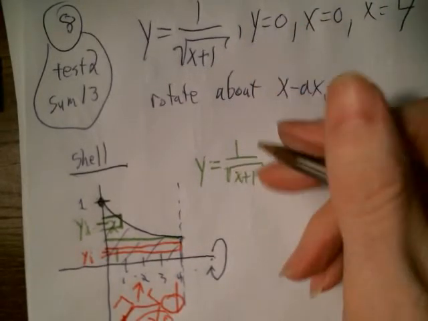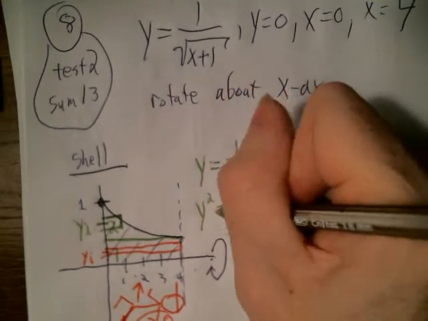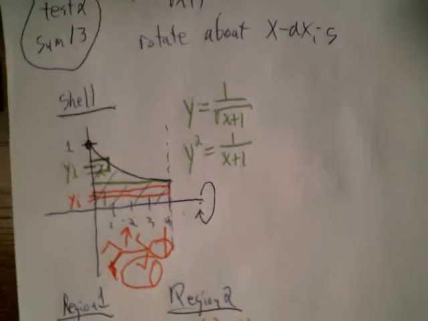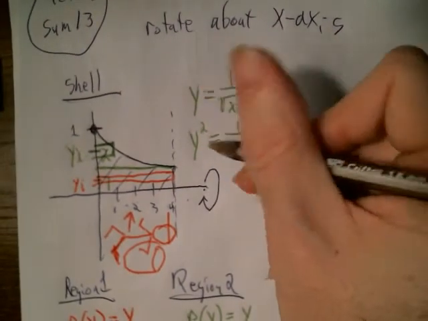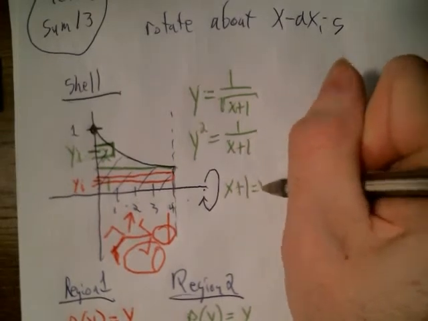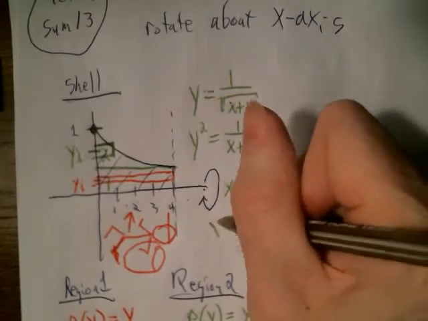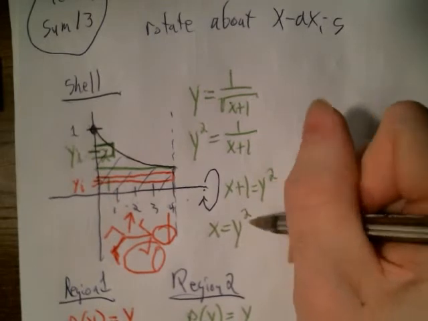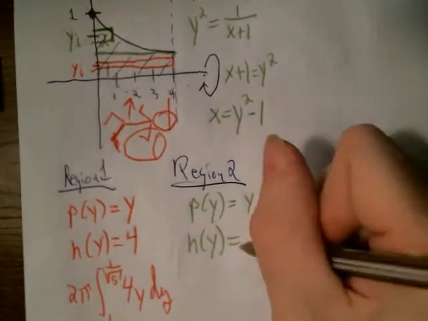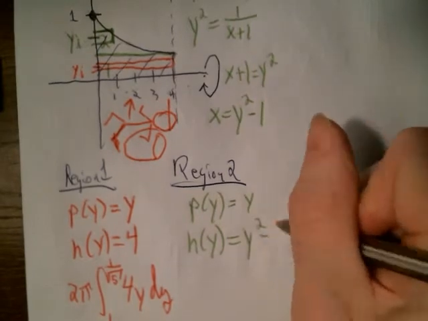So square both sides, and I get y squared is 1 all over x plus 1. I need to solve for x. So I guess cross multiply or something. You get x plus 1 is y squared. And so x is equal to y squared minus 1. Okay, so that'll be my height function, y squared minus 1.